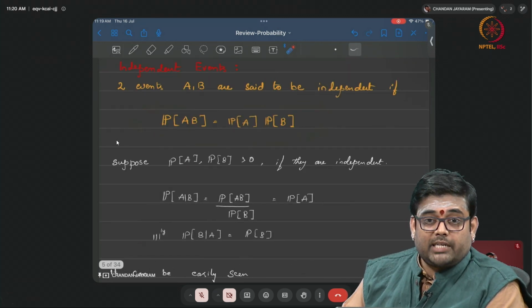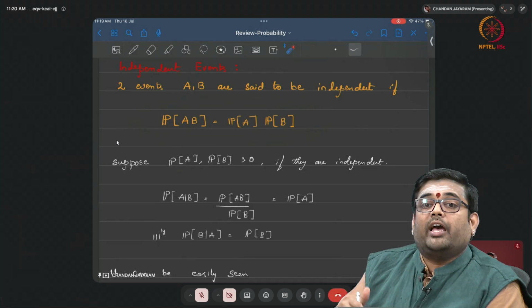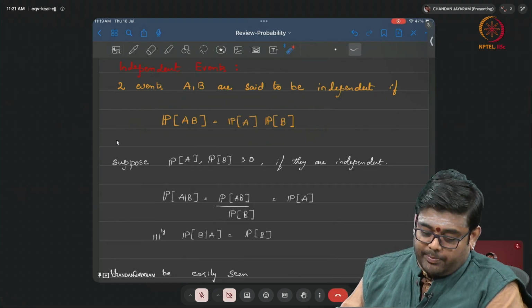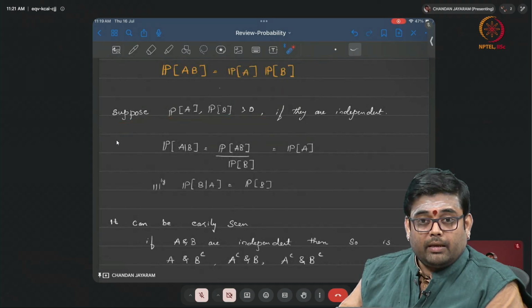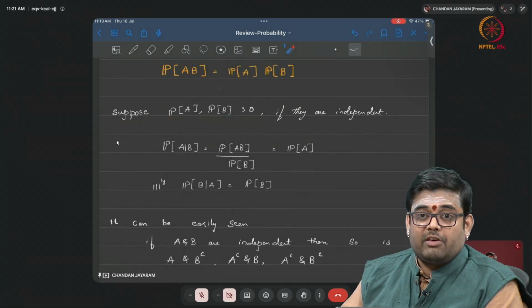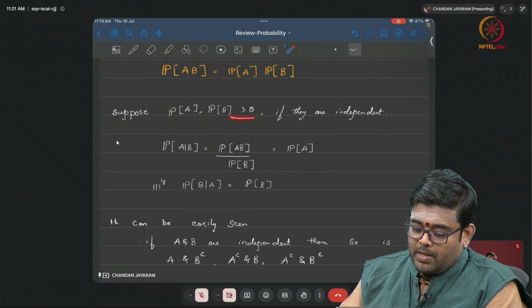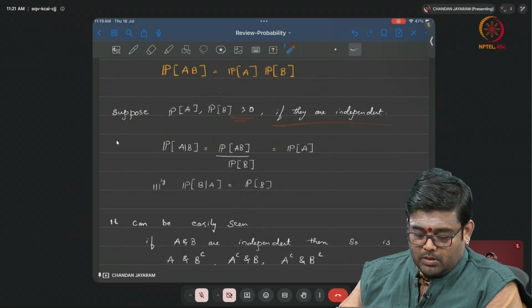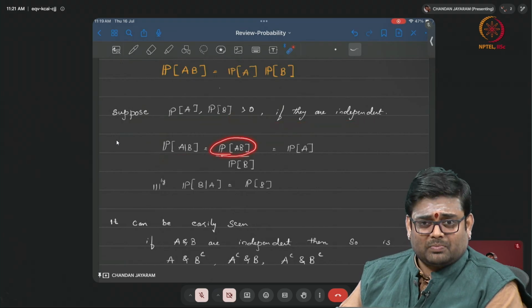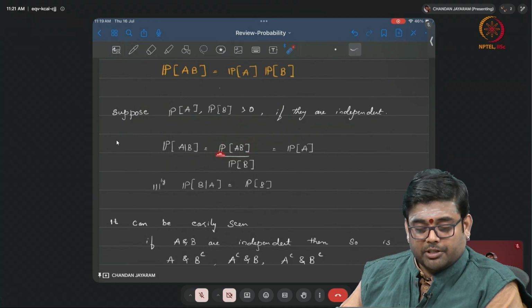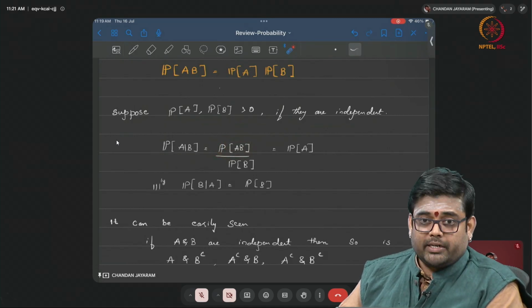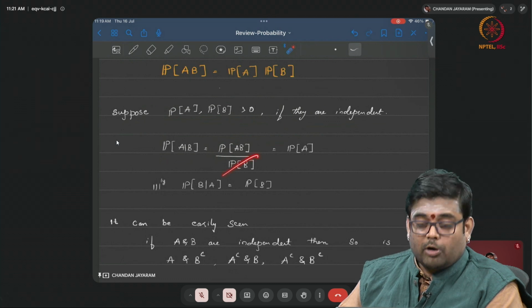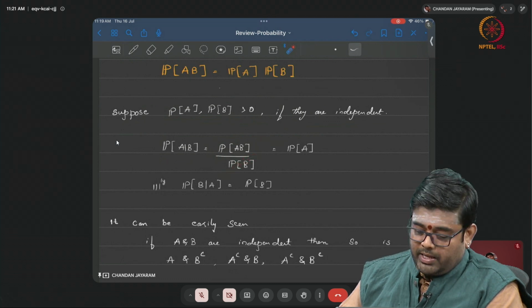Now because of this definition, when we use it in the conditional probability, what happens is, suppose that probability of A and probability of B, the probabilities of the events, are greater than 0 and they are independent. So the conditional probability, you have the probability of intersection. Since A and B are independent, it can be written as the product, and the probability of B and probability of B will cancel.